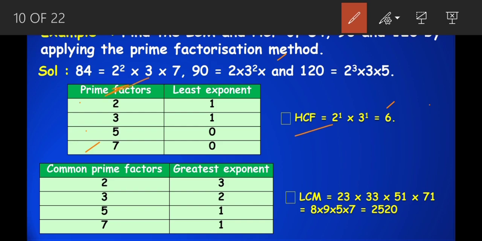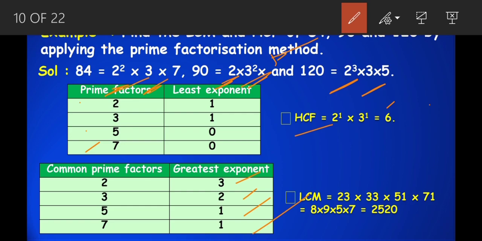So here 2 1 time, 2 2 times, 2 3 times. What is the greatest exponent? 3. What about 3 here? 3 2 times, 3 1 time. So 3 2 times. What about 5? Here 5 is missing in one, children. 5 1 time. What about 7? 1 time.